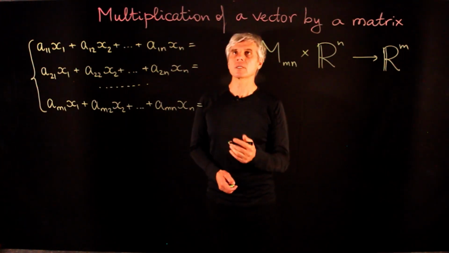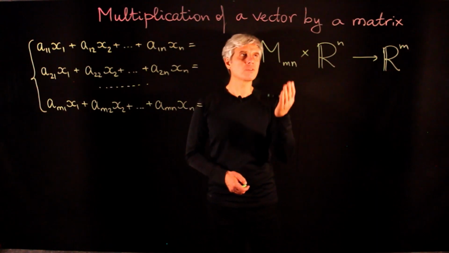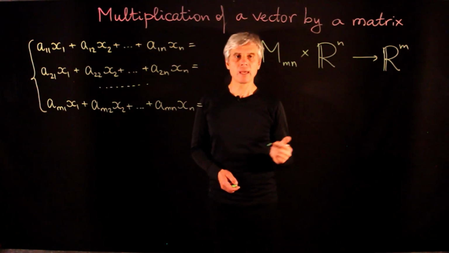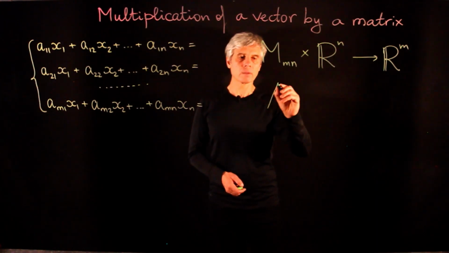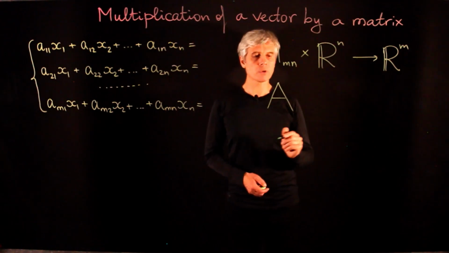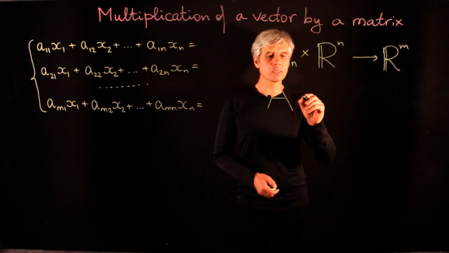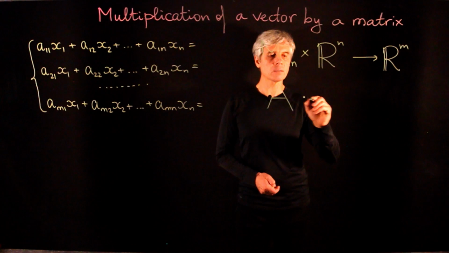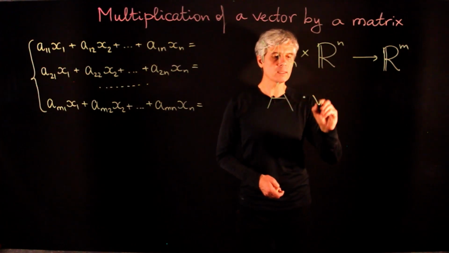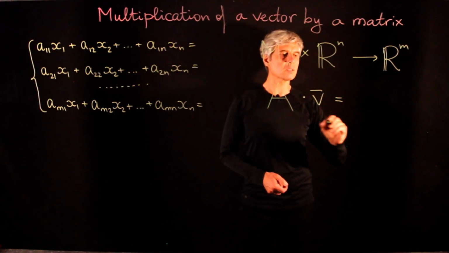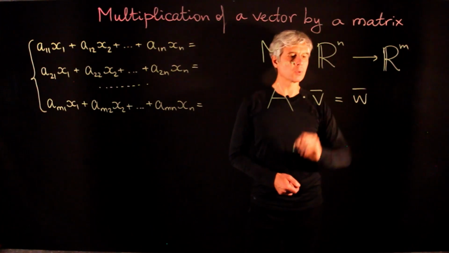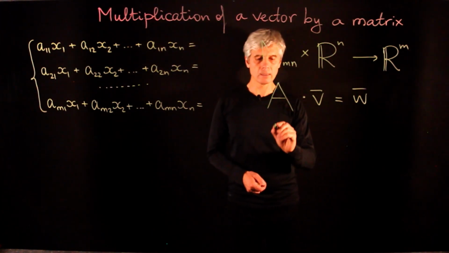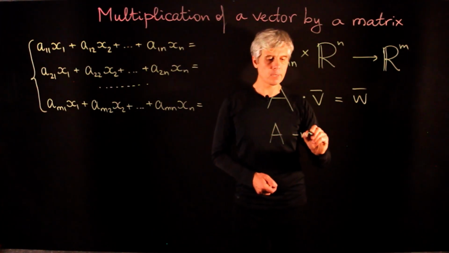This operation is called multiplication of a vector by a matrix. And so the way we write it is we write a matrix, times a vector, so it could be x or v, right? And the result is going to be another vector w. So here A is an m by n matrix.